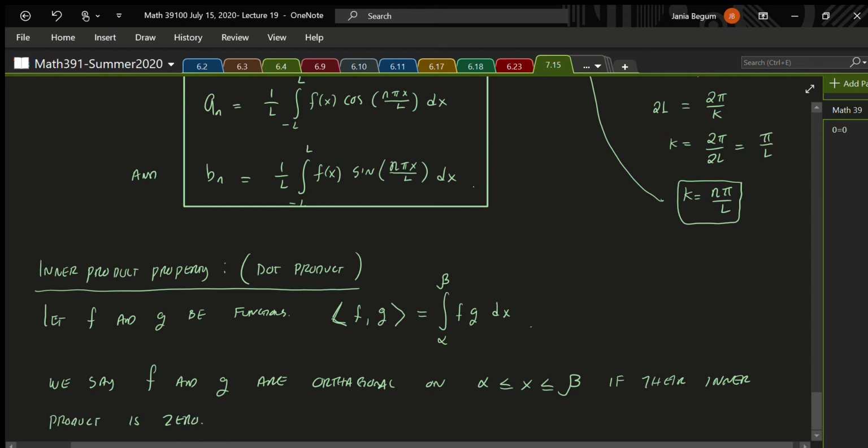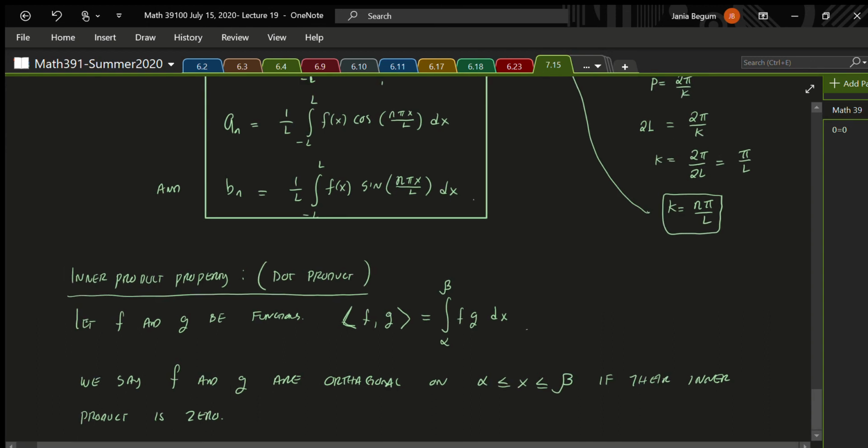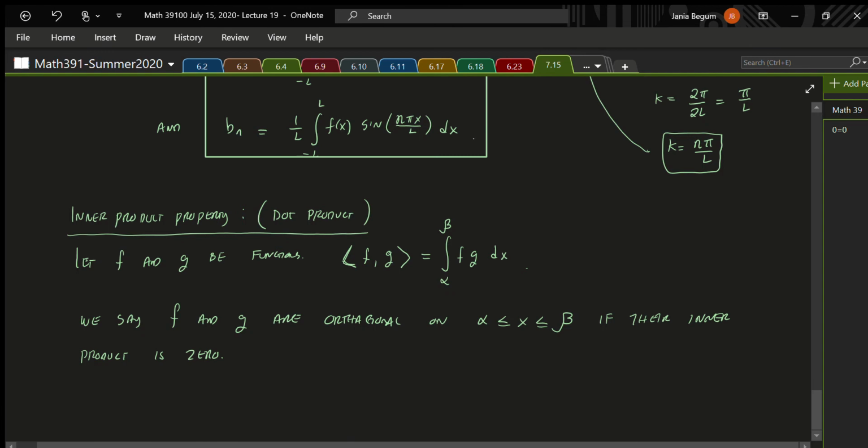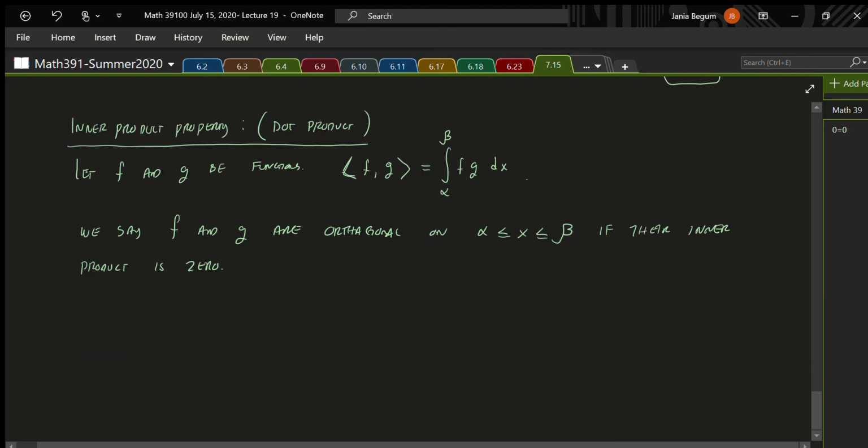Okay, so that's the idea you want to think of when we try to simplify or derive these formulas in the future. So here's something I want to tell you.